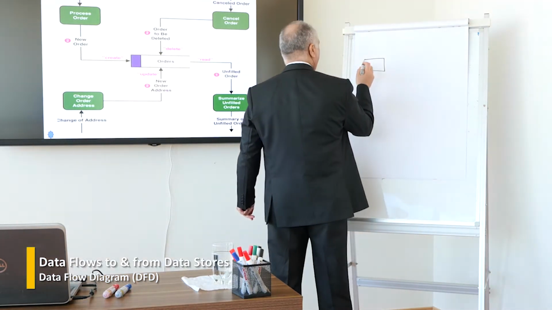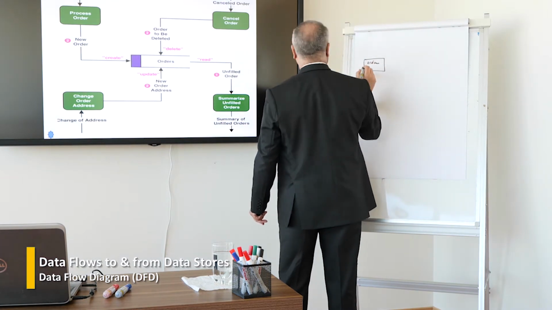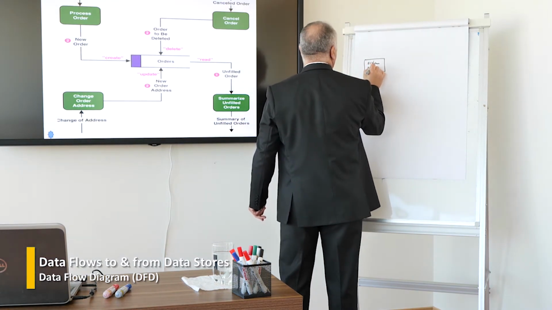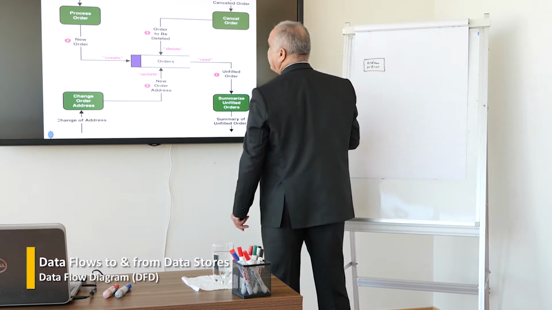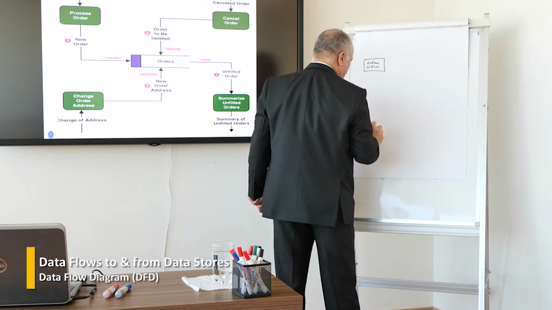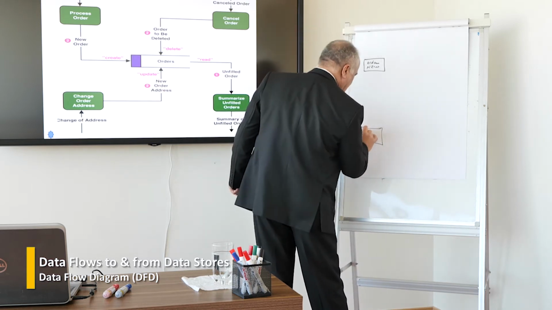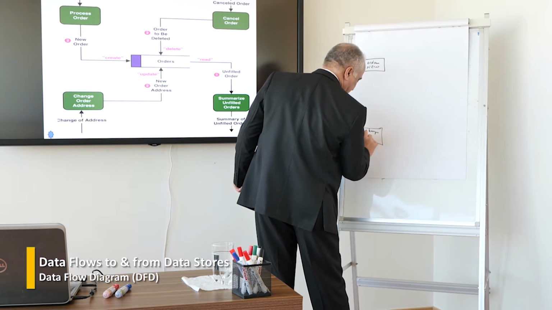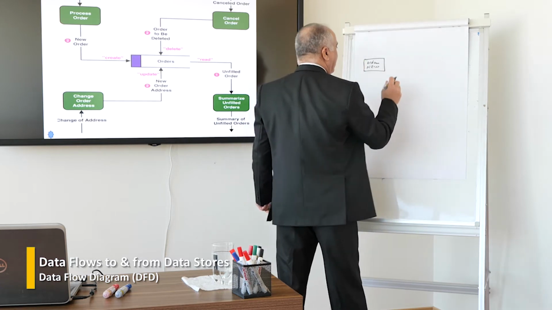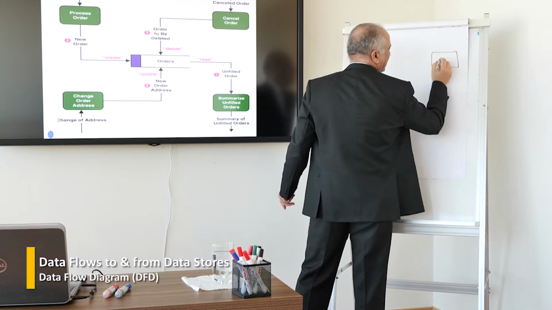One is placing a new order, processing a new order. Another process is changing the order. Another one is canceling the order.